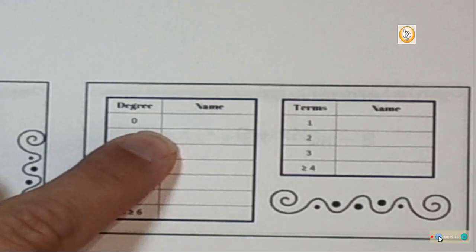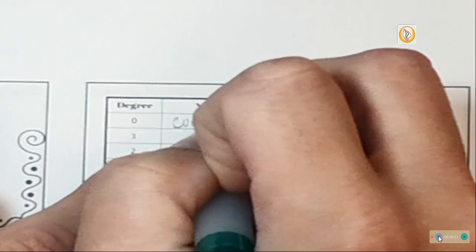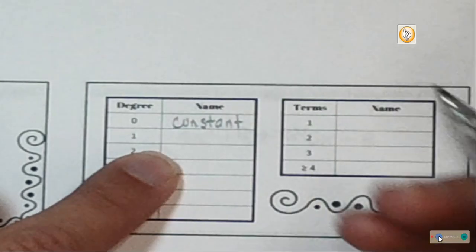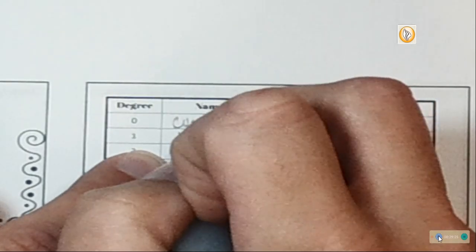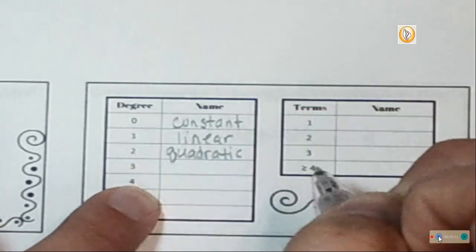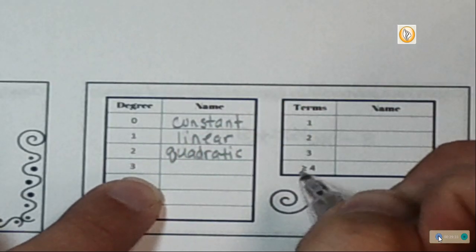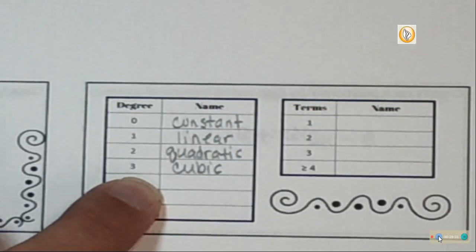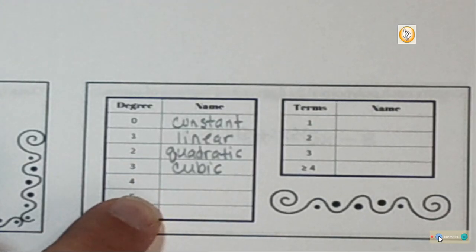All right? If your highest exponent is a 0, what do you call it? Constant. If your highest exponent is 1, that's linear. What about 2? Quadratic. You should be used to those. What is 3? Cubic. You remember that because when you have volume, you have inches cubed. 4 is what?